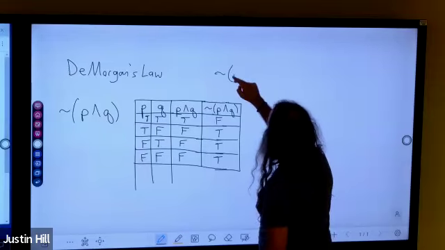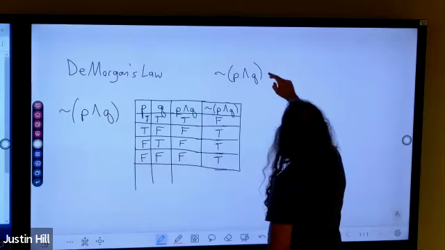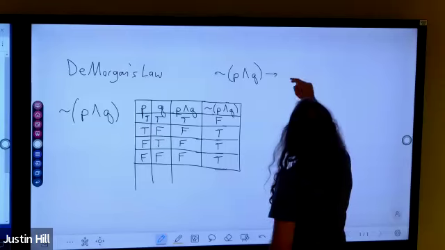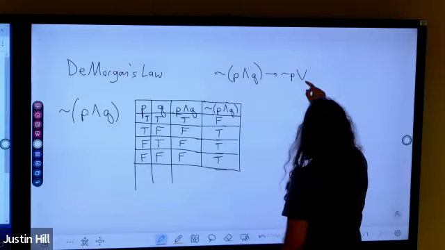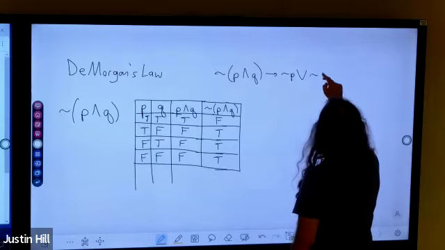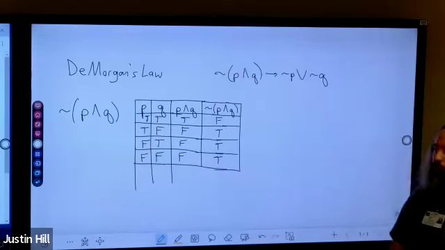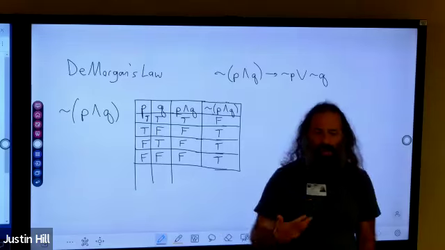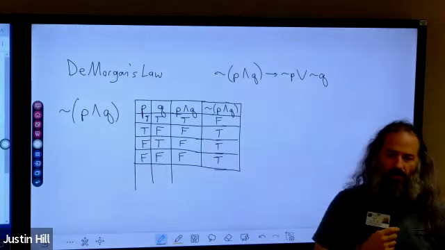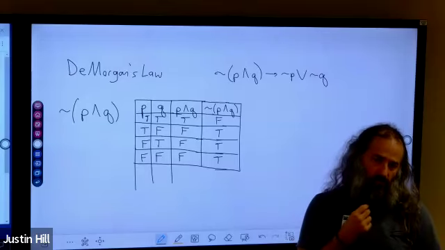When I negate P and Q, maybe I get an or statement with not P, where I negate the P, and not Q, where I negate the Q. Now the thing is, I have no way to prove that. The properties of negation don't actually say that it definitely does this. This is just a hypothesis.